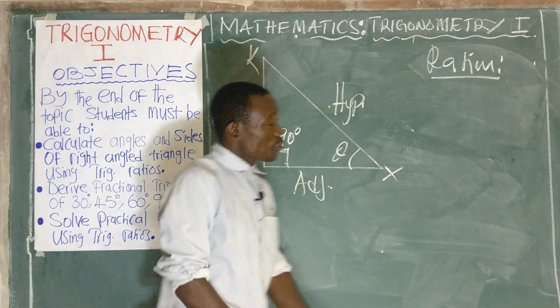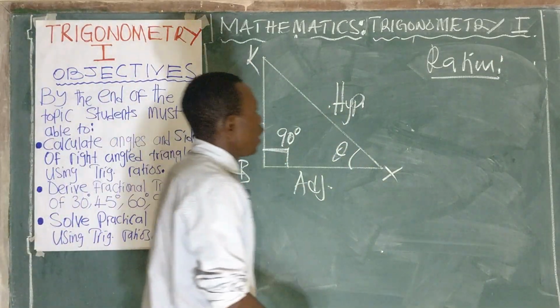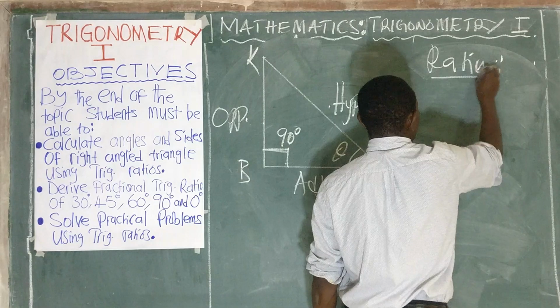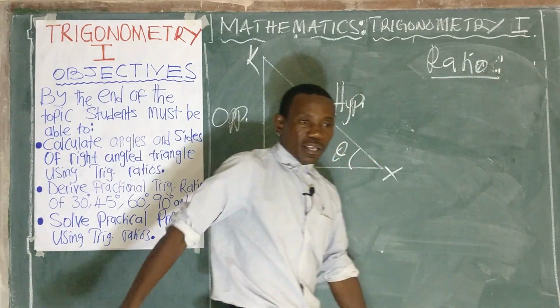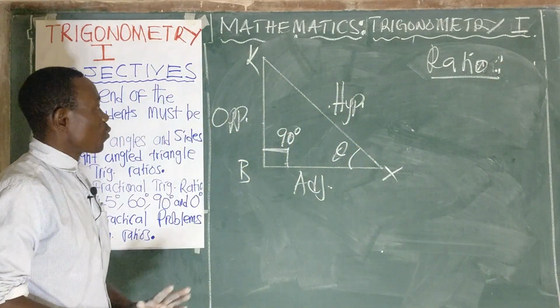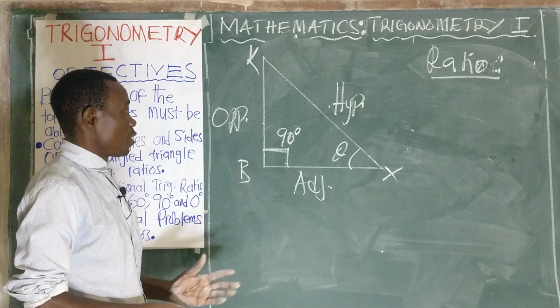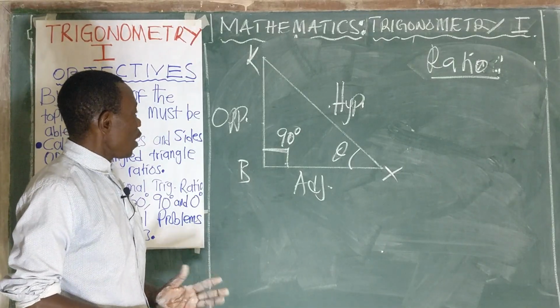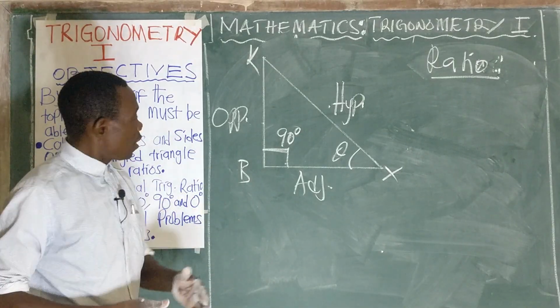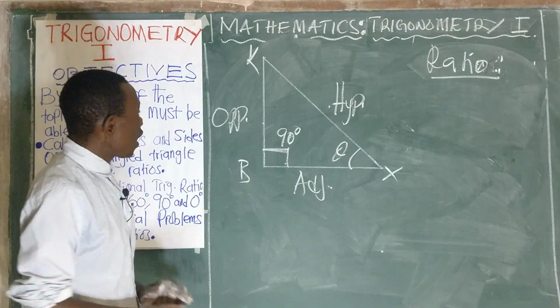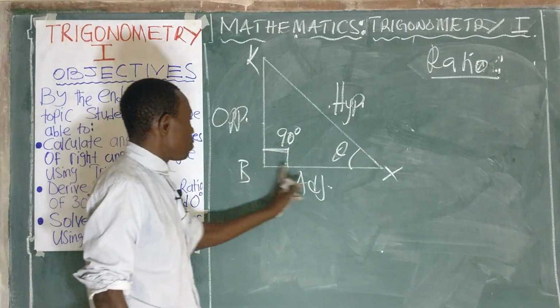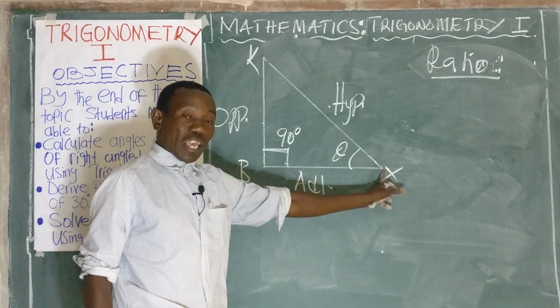Right, ratio just talks of the relationship that exists between two quantities. So like in here, we are also going to look at the relationship that exists between the two quantities. Right, so here we'll be talking about the length of the sides of the triangle. How long is KB? How long is BX? How long is KX?